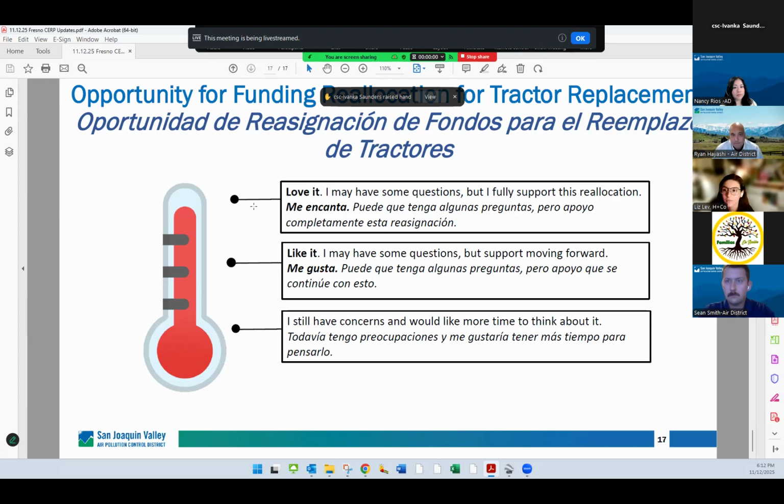My initial thought is that my eyebrow goes up at taking money going towards category 3 versus towards category 1. I'm not sold on the whole tractor replacement thing. I think that's because I still have issues with how we don't know exactly where the money for the school buses went, as far as where the buses are actually spending most of their time.